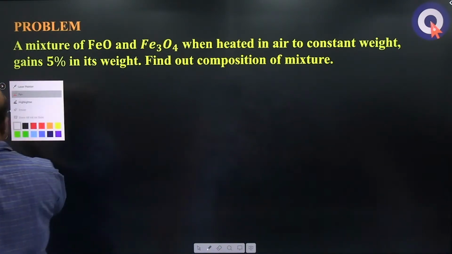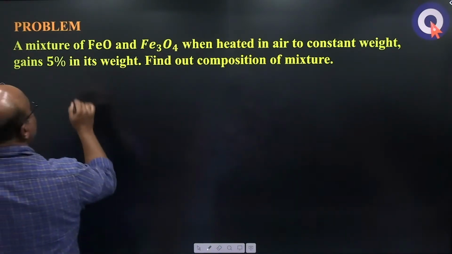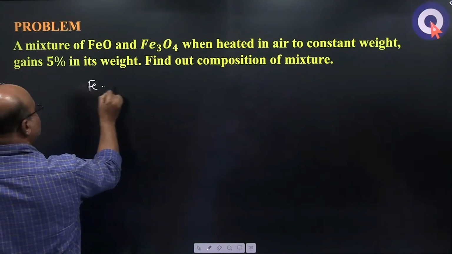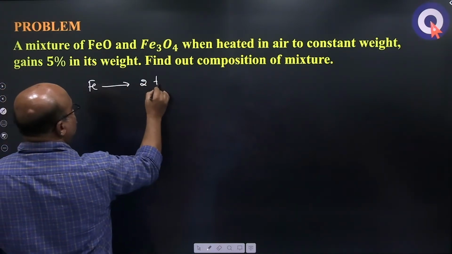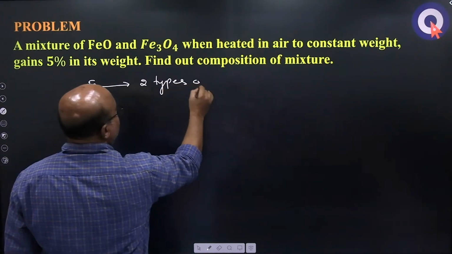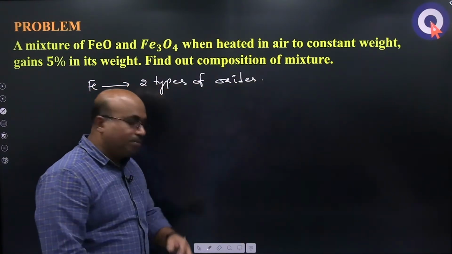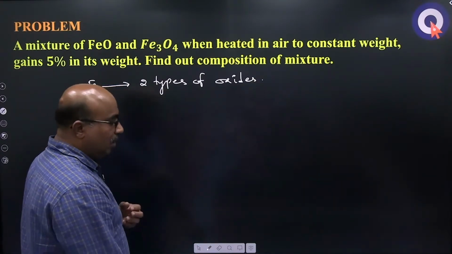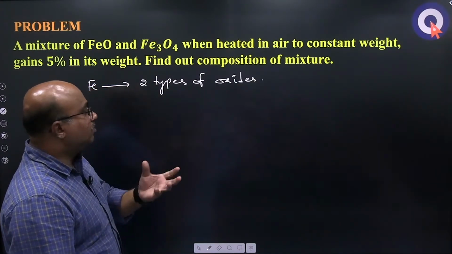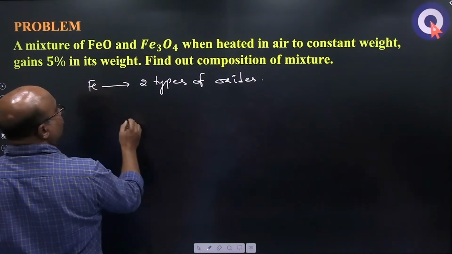So this is what we see, iron generally exists in two types of oxides. Iron usually exists in two types of basic oxides, that is Fe+2 and Fe+3. So what is the Fe+2 oxide?